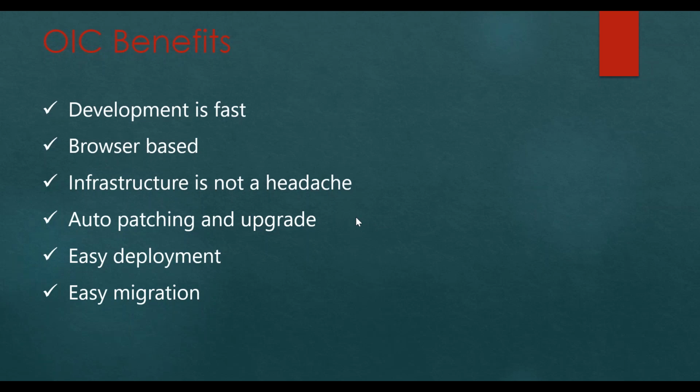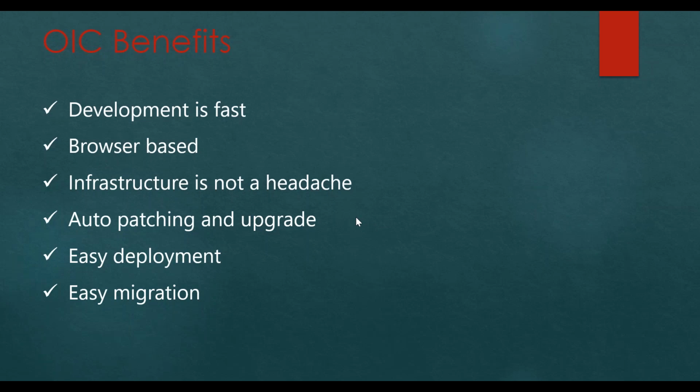You can develop integrations. Infrastructure is not a headache, which means if you go with SOA, you have a lot of headache with the infrastructure. Sometimes you may require to install servers, you may require to install a database, you may require patching, versioning, bug fixing, and upgrades. But if you go with OIC, you don't need to care about these things.